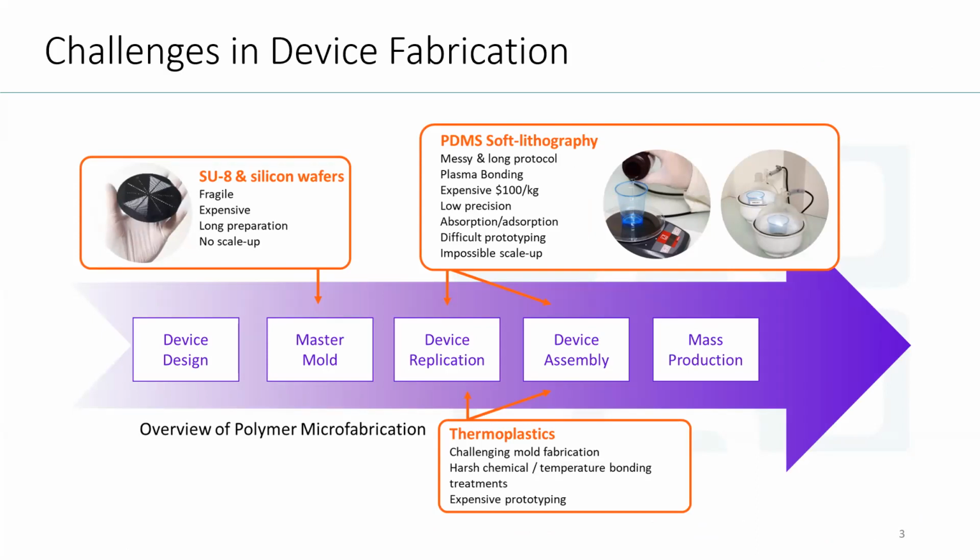But for the smooth and seamless progress of one step to the next through this fabrication process, you need to think about the materials that you're going to be using. And currently, the most popular materials that are used are, for example, SU-8 and silicon wafers at the level of the master mold fabrication, and then 2 families of materials for device replication and assembly, which are PDMS and thermoplastics.